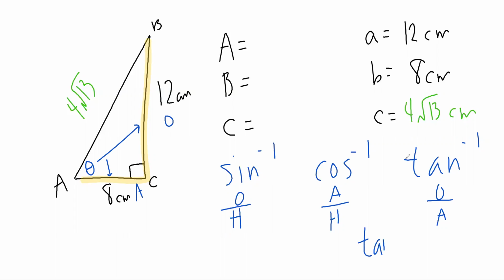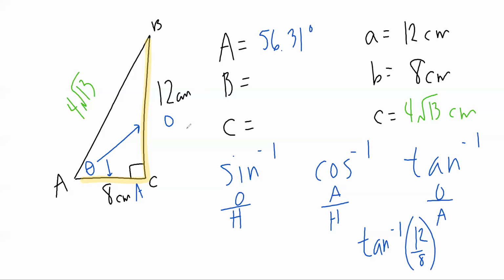So the inverse tangent function is going to equal the ratio of 12 divided by 8. I can plug that into my calculator, second tangent, 12 divided by 8, close the parentheses. And I'm going to see that that angle measurement is approximately 56.31 degrees.